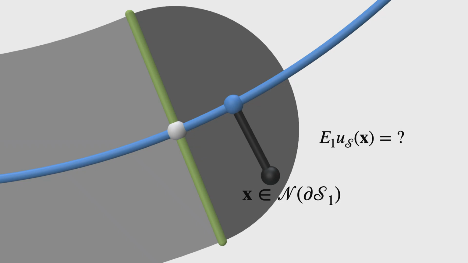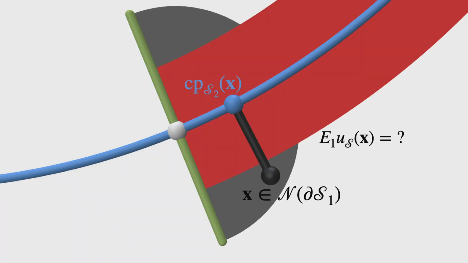So what you actually want is this blue point, and what we do is redefine the extension E1 to use the bordering subset CP of S2. So E1 US becomes E2 US, which again is US of CP of S2.